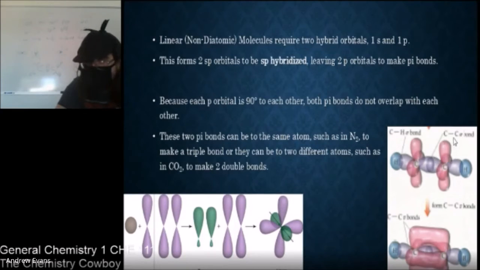So we still see the top-bottom overlap, but because we have another p orbital 90 degrees away, we see a front-back overlap. So that sigma bond is nestled above and below, to the front and to the back of it. That sigma bond is really tightly held. This is why triple bonds take a lot of bond energy to break. This is why triple bonds are really strong and really short.